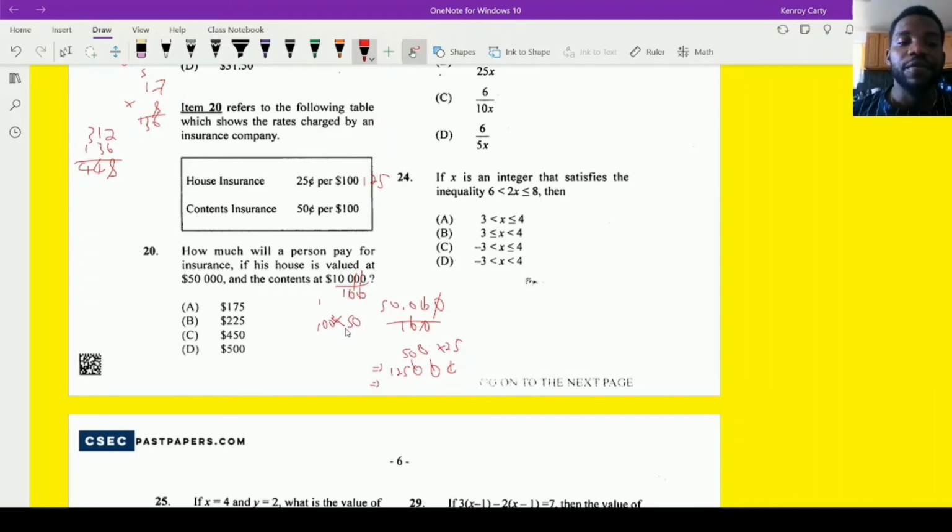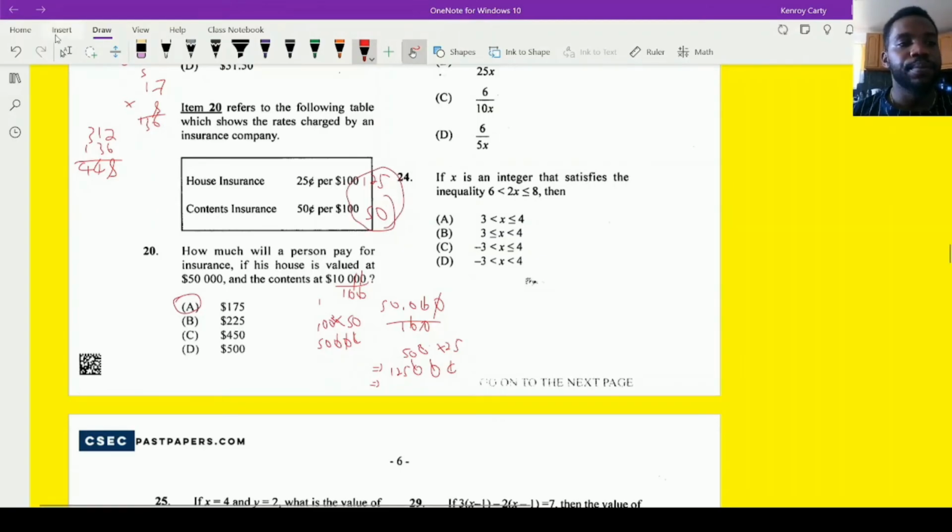So I multiply that by 50. You simply just take the zeros and add them. So it's 5,000. Now, of course, I can't work with this because this is in terms of cents. So I divide it by 100 to get it in terms of dollars, because 100 cents make a dollar, which is to simply take away the zeros. So that gives me 50. So it's 125 plus 50, which is 175.